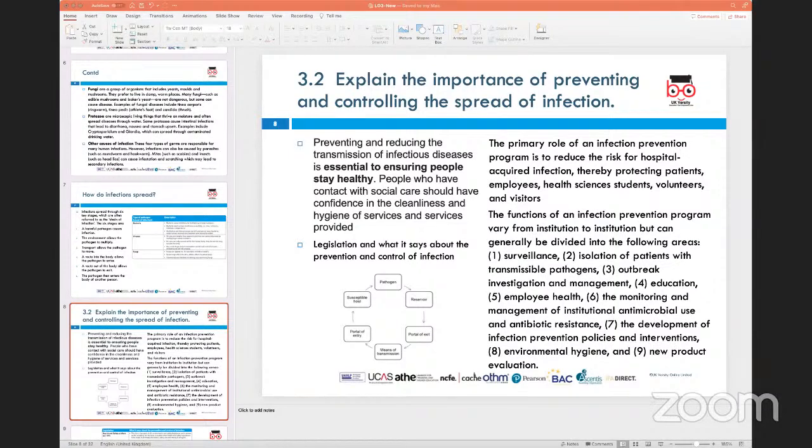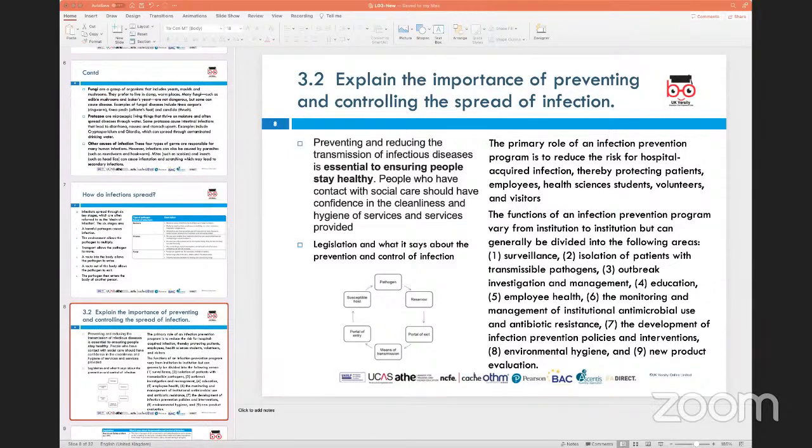And that is where government has put some legislation in place to ensure that if there is an outbreak, then there are adequate procedures in place to prevent and control the spreading of infection within a particular location. Now, there are various infection prevention programs and institutions and government regulations which provide this.